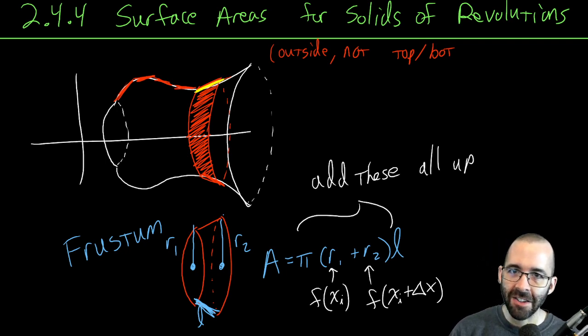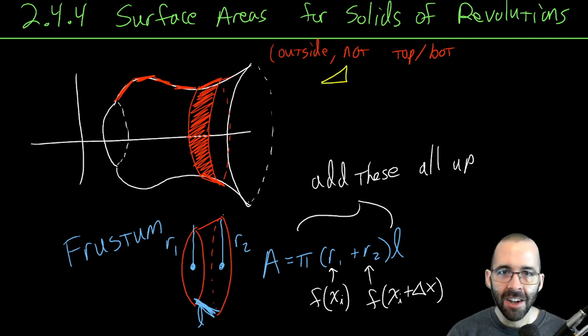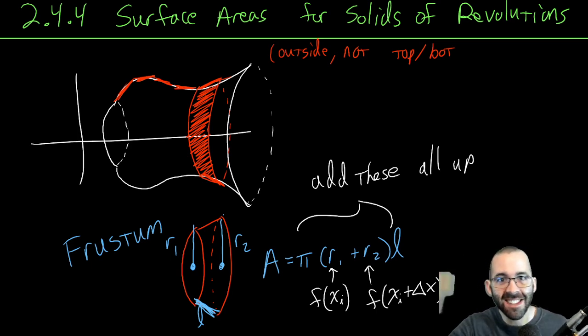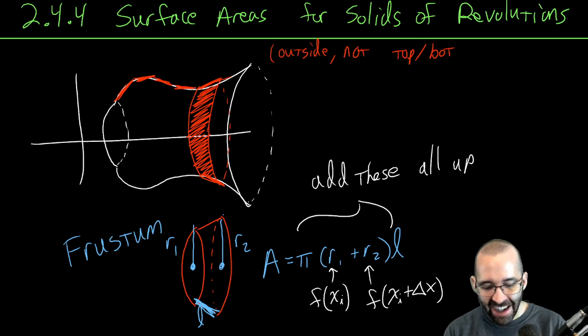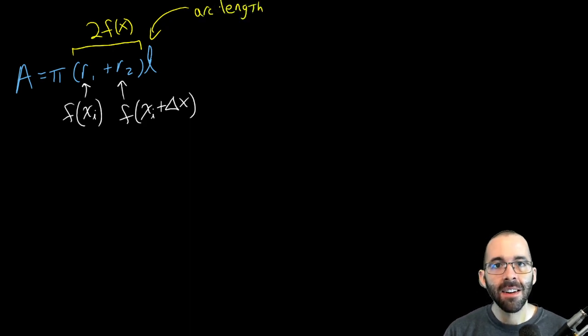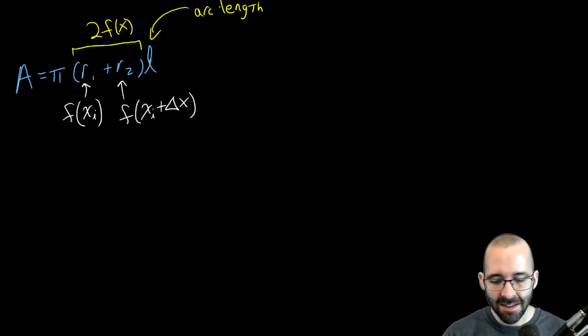Oh, L is that arc length. We could draw another triangle, right? Draw another triangle, delta x, delta y. We already did the work. We know the arc length, that's why this is in 2.4, right? Because this L is arc length. And what's arc length? Square root of 1 plus y prime squared times dx.